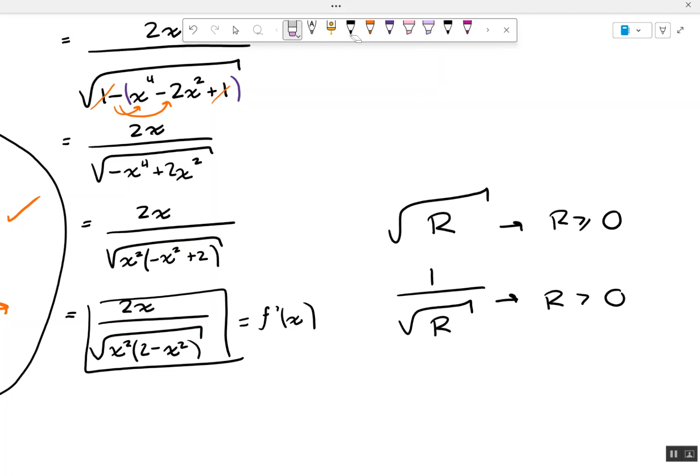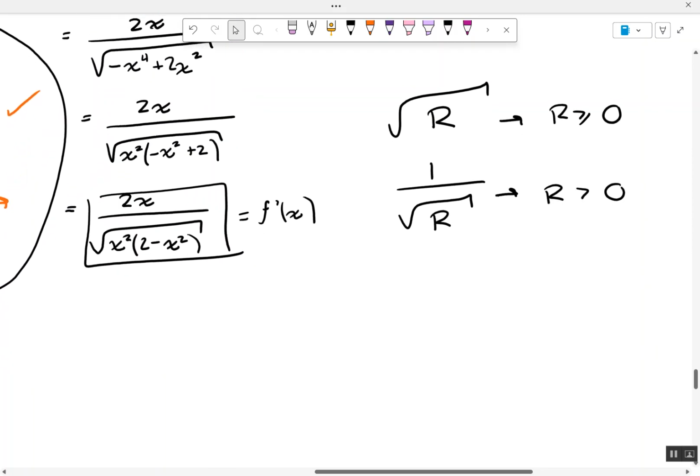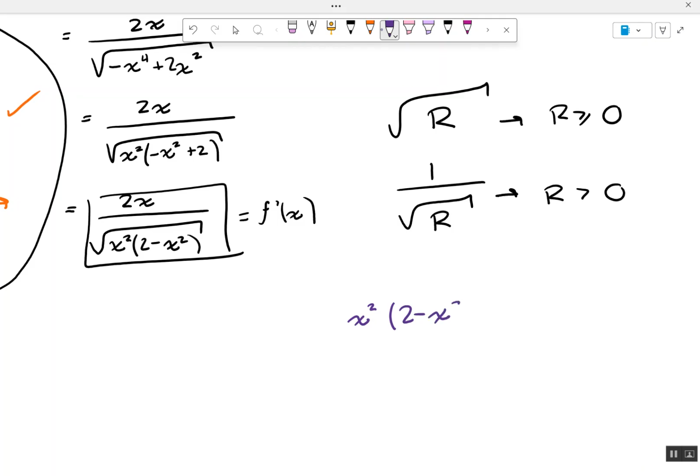So what is inside the radical symbol must be positive. So what we can do is take this, and first we can just set this equal to 0.